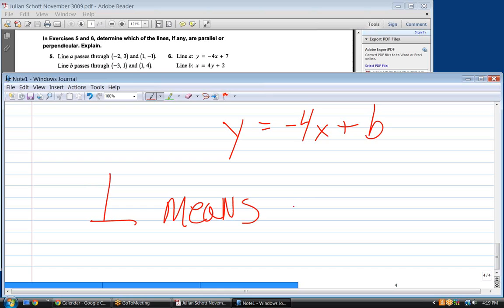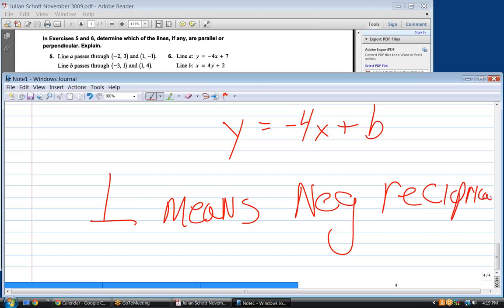Perpendicular means negative reciprocal. Well, if this slope is -4, what is the negative reciprocal slope? Two things you have to do: you have to take the negative and you have to take the reciprocal.